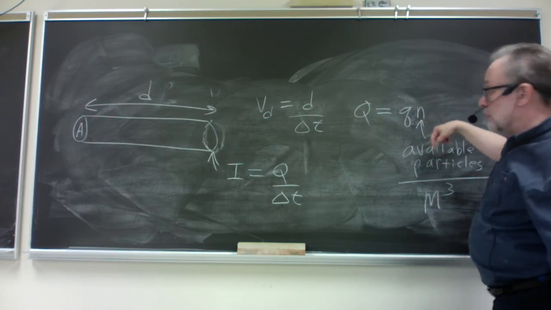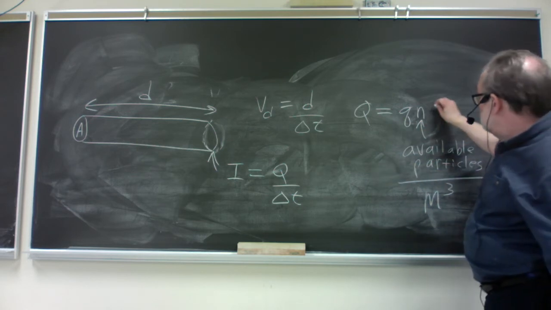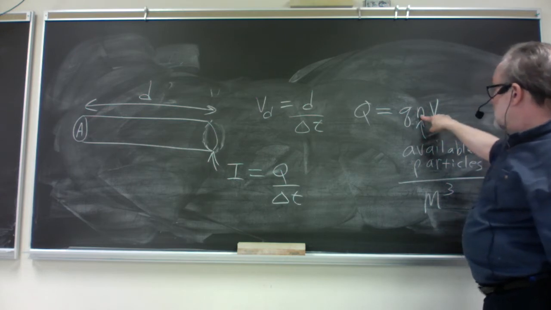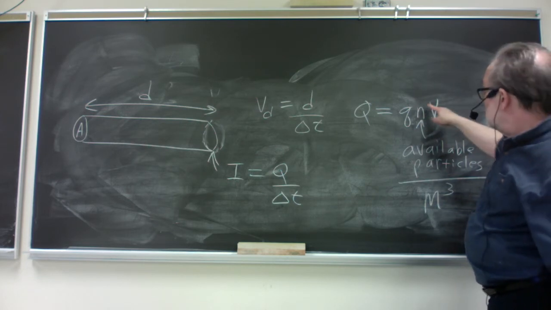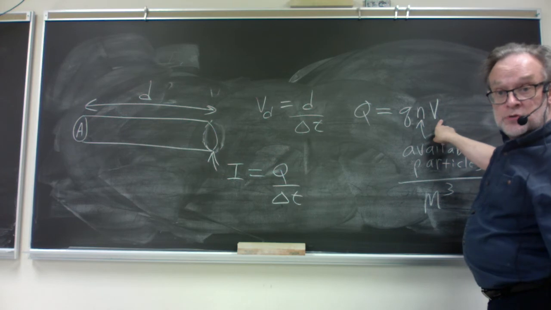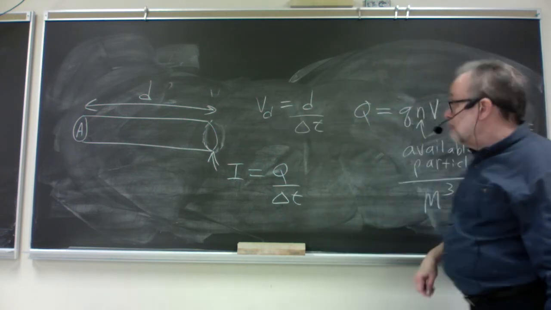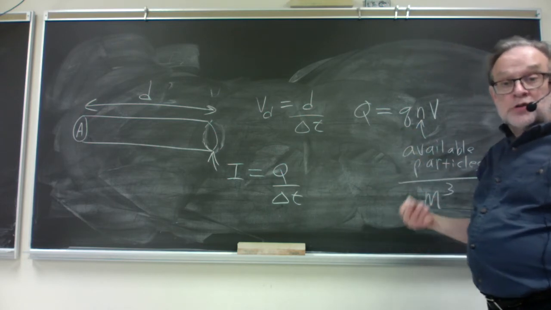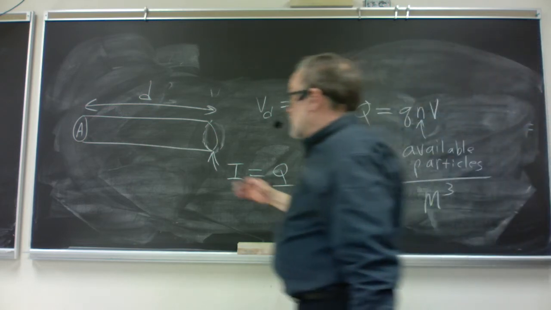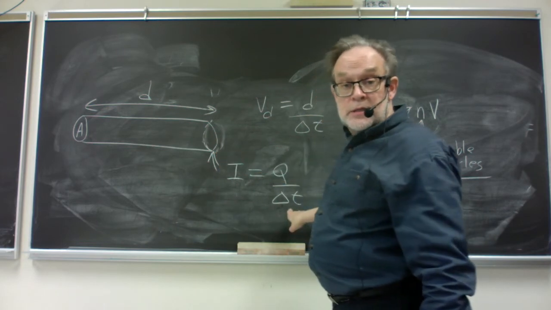To get the actual number of particles, you multiply the density, particles per cubic meter, times the volume, the number of cubic meters. Those two factors give you the number of particles that will become part of the current, and you multiply that by the charge per particle. Now you've got the total amount of charge that's going to flow out of this region and past this point in delta t seconds.